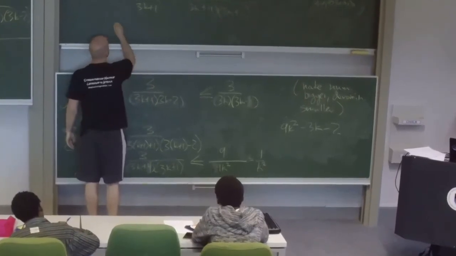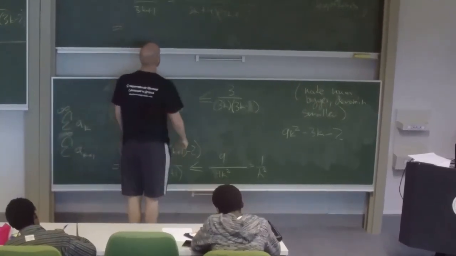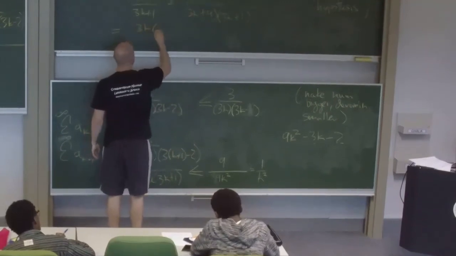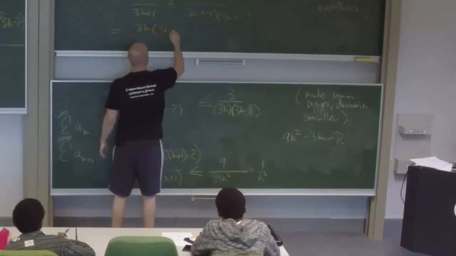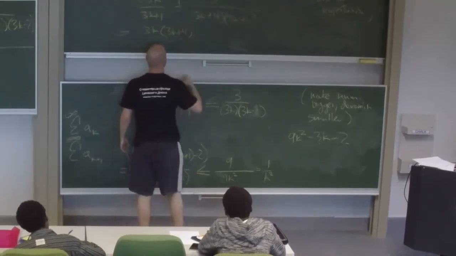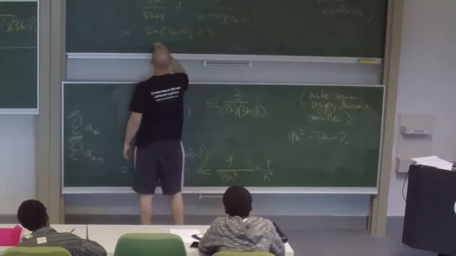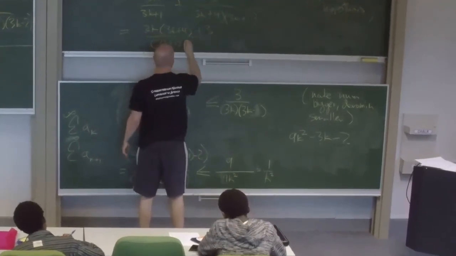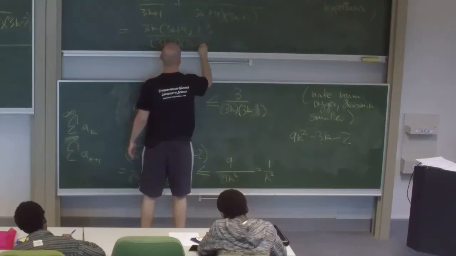We'll just find a common denominator. So that is 3k times (3k plus 4), plus 3, over (3k plus 1)(3k plus 4).